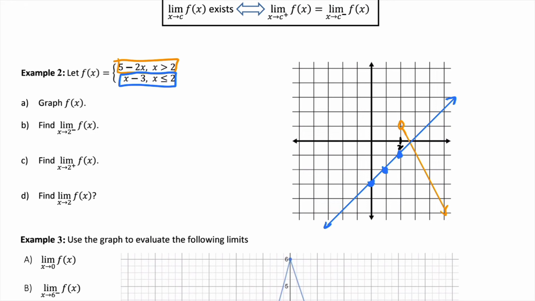And then the blue line only can exist when x is equal to 2 or less. So over here, it can't exist either. It's called domain restrictions. It restricts where the graph is.